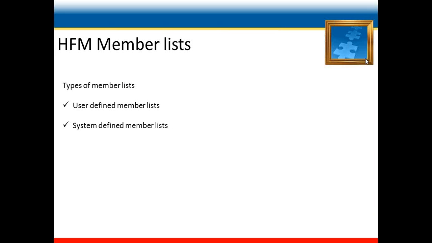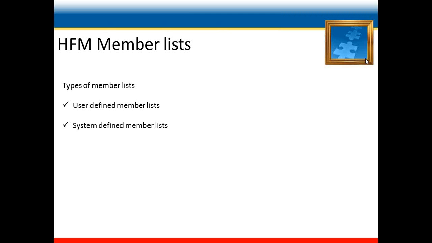There are two types of member list. The first one is the user defined member list and the second is the system defined member list. The user defined member list is the member list which is defined by the user, which we just saw in the previous slide. The next one is the system defined member list.